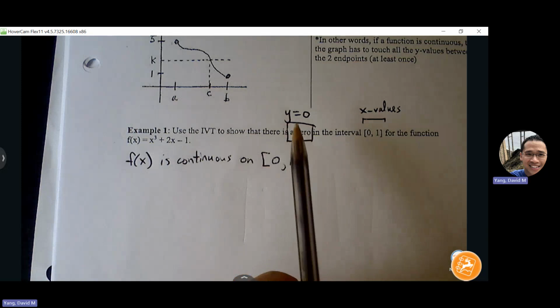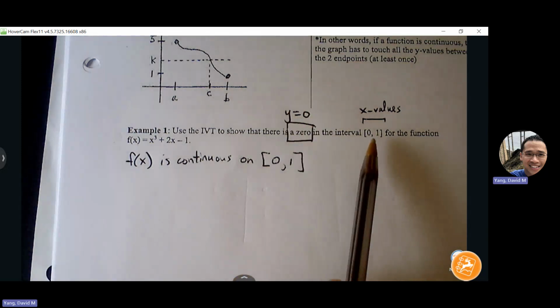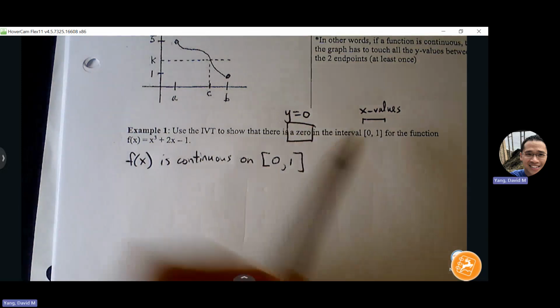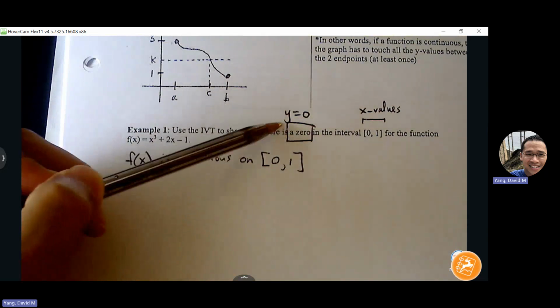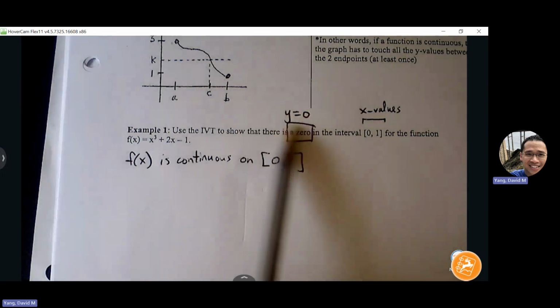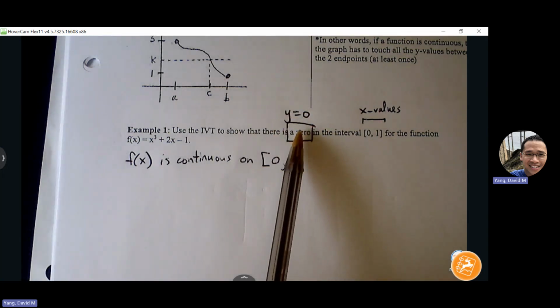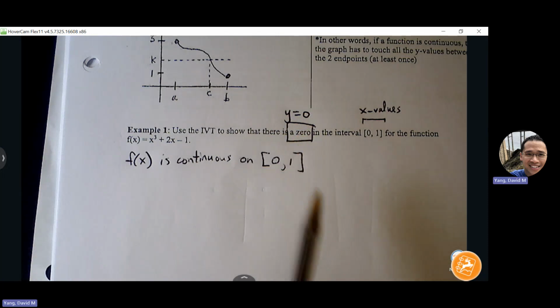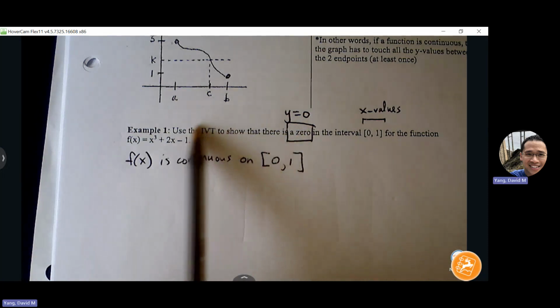The next step is we want to know, are these endpoints going to produce y values above and below? Because we don't have the graph in front of us. We're just working on very limited information, seeing if we can make a conclusion about this destination from the intermediate value theorem.